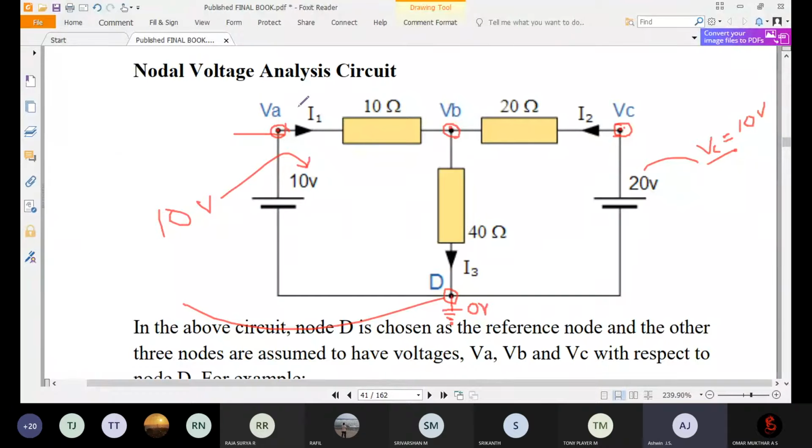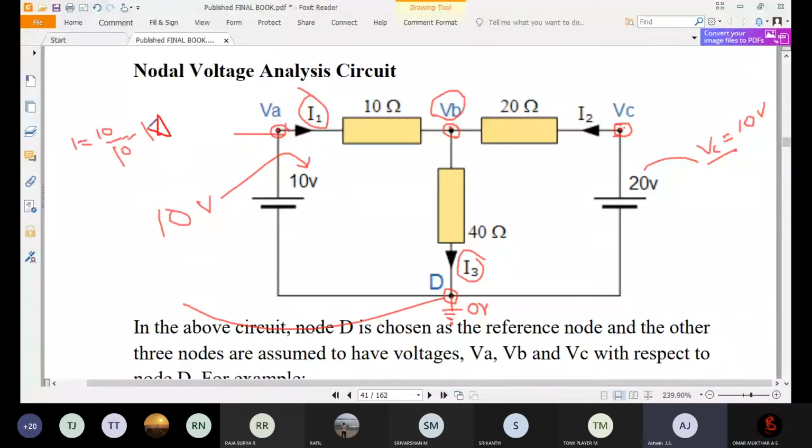This is the direct method. The only thing is it is very difficult to calculate I3 because we don't know what VB is. If I want to calculate the current I1, V equals IR, so I equals V by R. V is 10 and your resistance is 10, so the current is 1 amp.